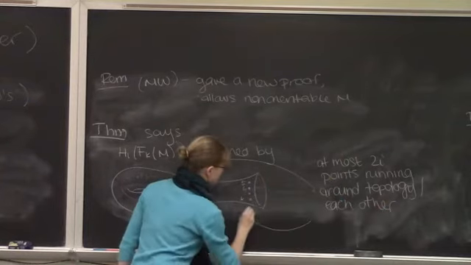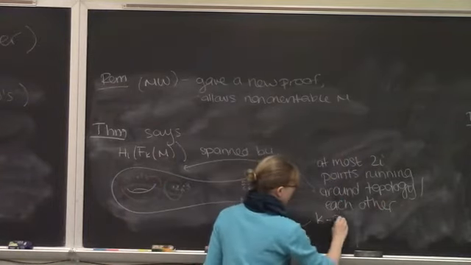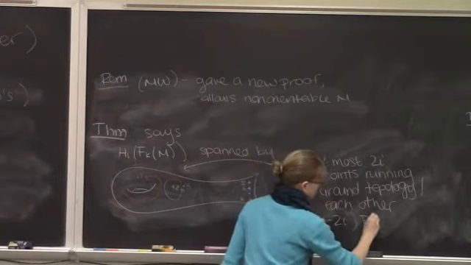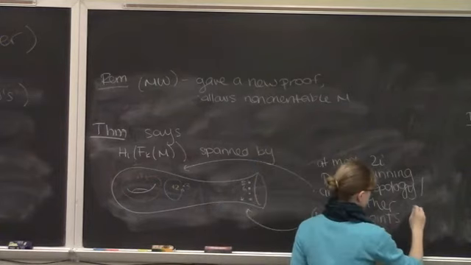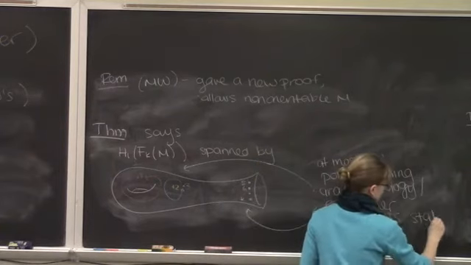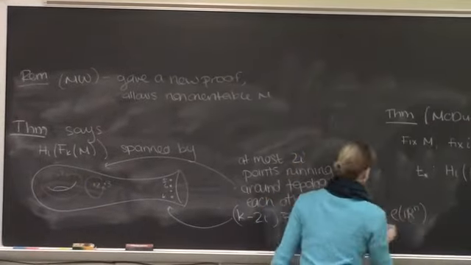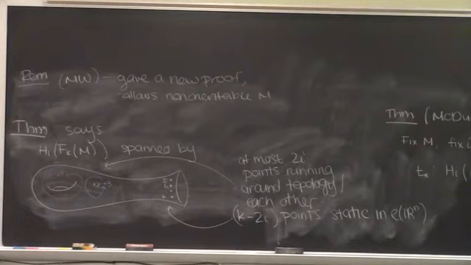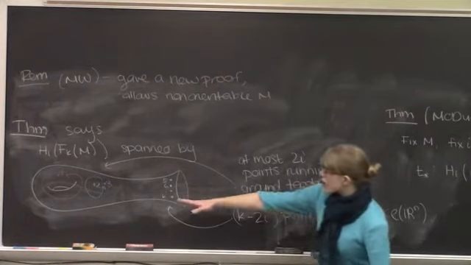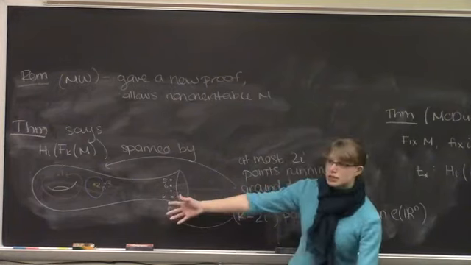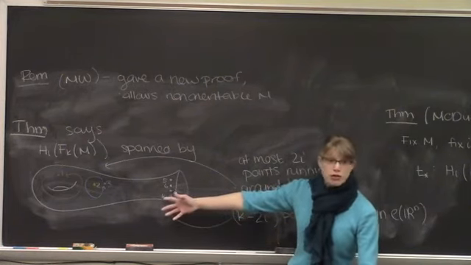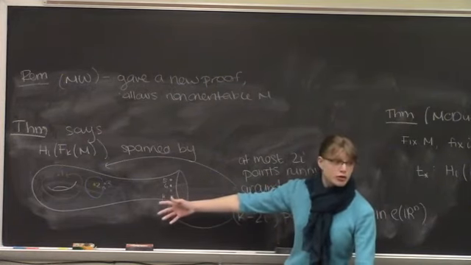And the remaining k minus 2i points are just static out in our copy of Euclidean space from our embedding. And so this picture, I think, helps explain the growth of these homology groups.